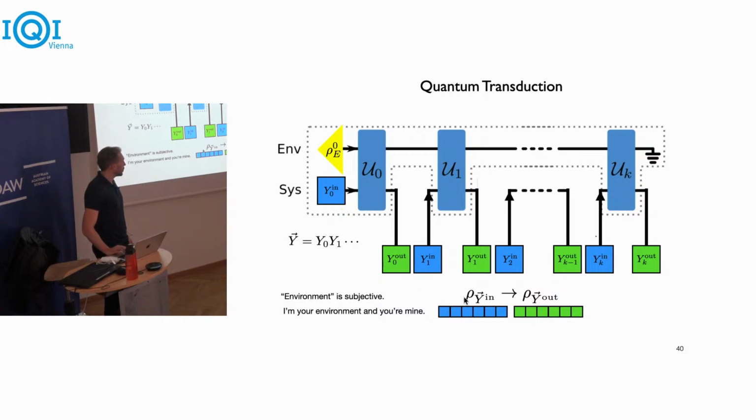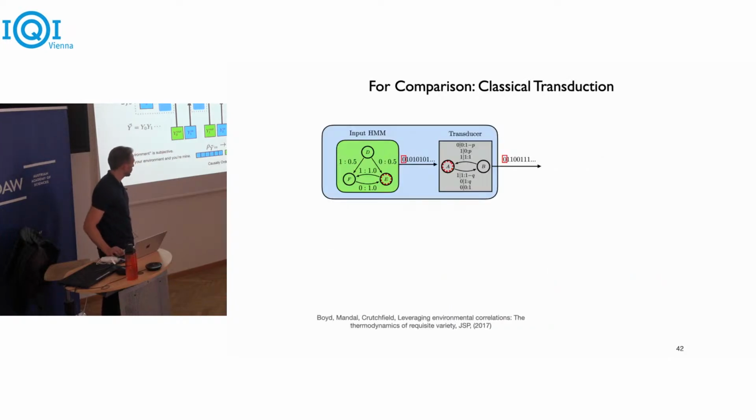So what you're essentially doing here is just mapping a density matrix over a semi-infinite string of quantum states to another semi-infinite string. And this is sort of like a causally ordered map. Now, to me, this seems very similar to a classical transduction, which doesn't involve a single process, but two processes, an input process and an output process. So the transducer itself has inputs and outputs defined on it, and it has memory states.